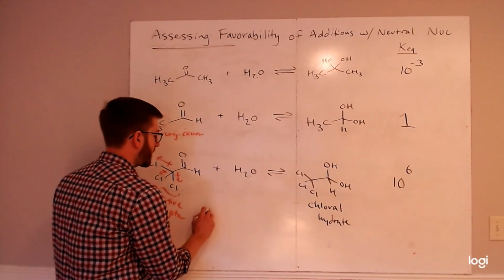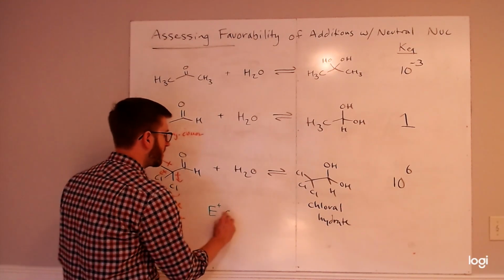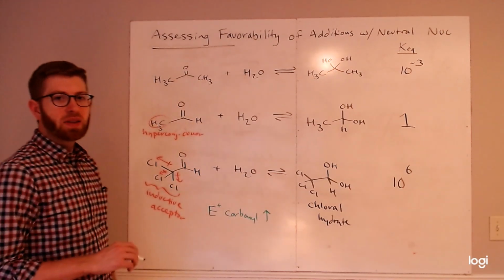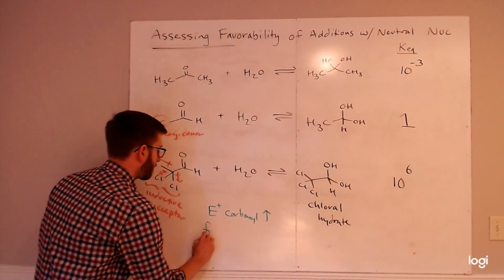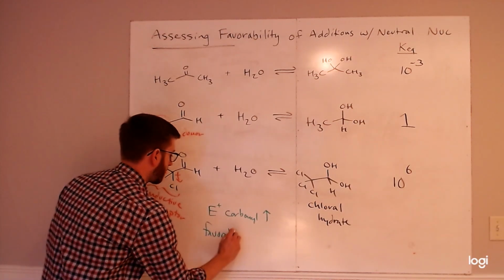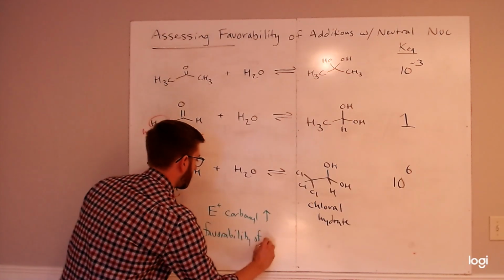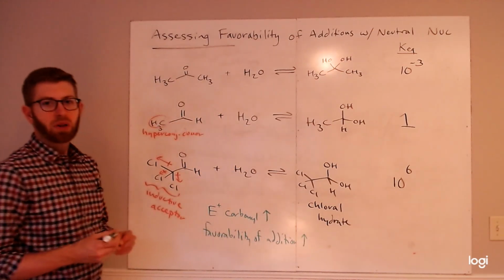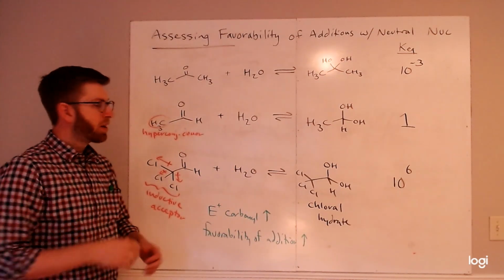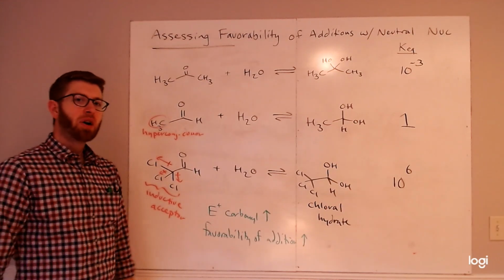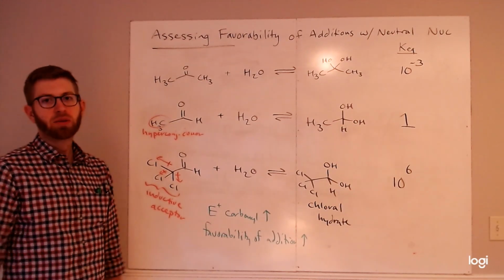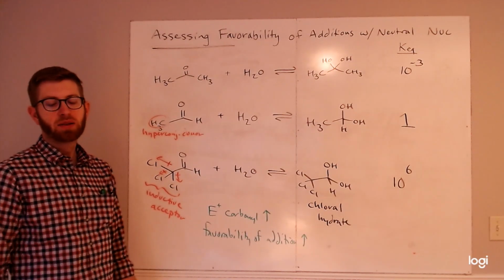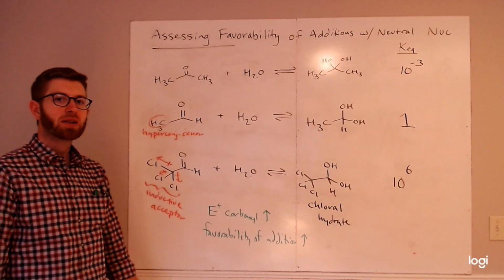And that's generally to say that as the electrophilicity of the carbonyl goes up, the favorability of the addition also goes up. Okay, so that's essentially the other half of the model that we need to have. We should be able to analyze nucleophiles in terms of anion stability, but if we have neutral nucleophiles in these kinds of cases, it's going to make a lot more sense to analyze the carbonyls themselves.